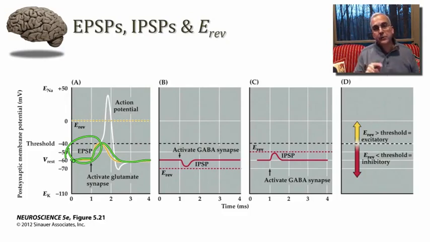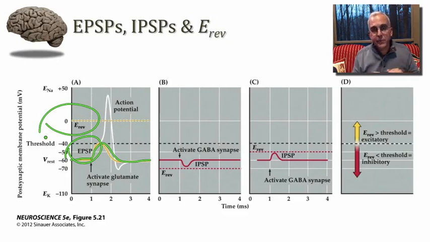Now, a couple of tutorials ago, we looked closely at the conductances that pass through the nicotinic acetylcholine receptor, and because both sodium and potassium can pass through that receptor, the reversal potential for the net current flow, that is the net conductance, was around 0 millivolts. And that's very much the same situation that we have here for this conductance that is gated by glutamate.